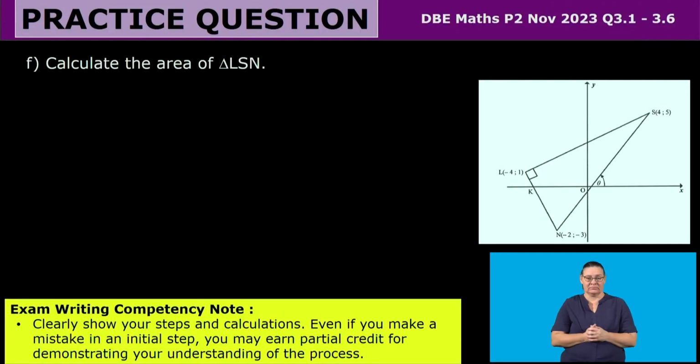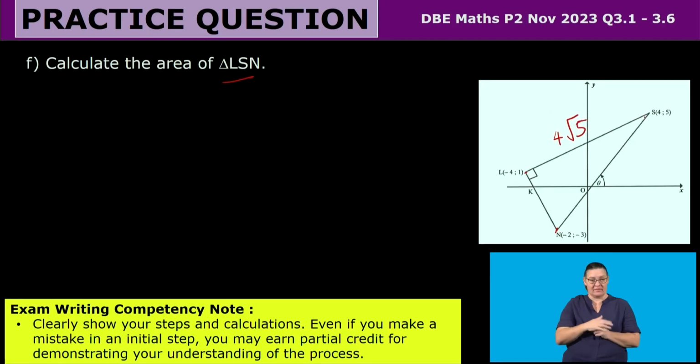All right, then the last part says calculate the area of triangle LSN. Okay, so to work out the area of triangle LSN, remember we already worked out, one of the first questions was to work out the length of LS. So we know that that was 4√5.